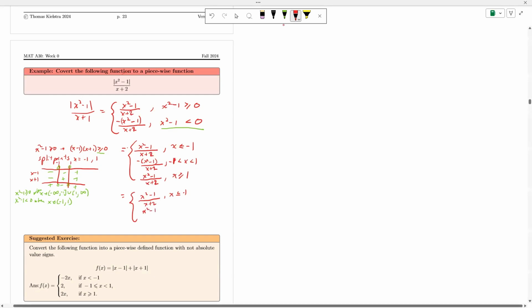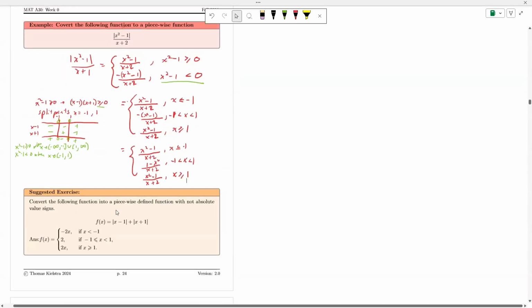This should be (1 minus x squared) over (x plus 2) if minus 1 is less than x, which is less than 1, and (x squared minus 1) over (x plus 2) if x is greater than or equal to 1.